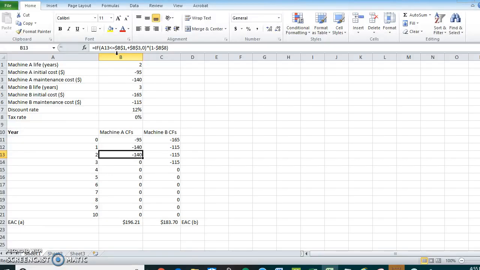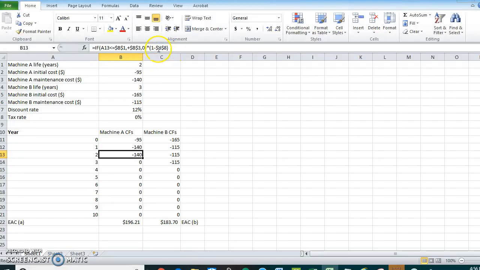So we're telling it, it may not be exact, but it's going to be pretty close. If it is less than or equal to $B$1, which is our machine life, comma, plus $B$3, which is our maintenance cost, comma, 0, close parentheses, times, parentheses, 1 minus $B$8, close parentheses.